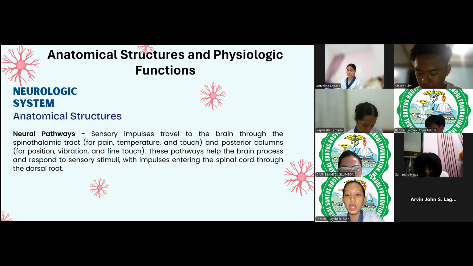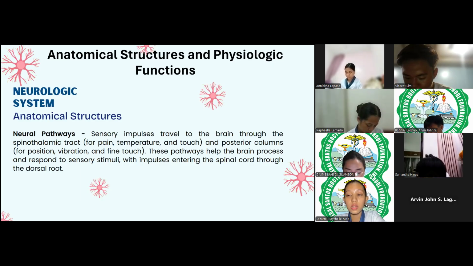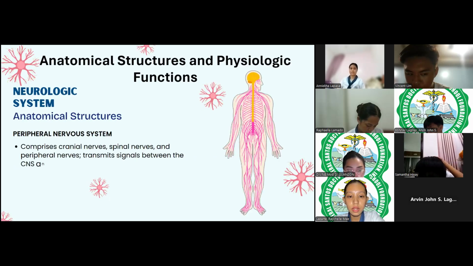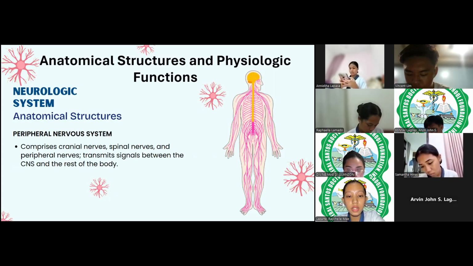So these pathways help the brain process and respond to sensory stimuli, with impulses entering the spinal cord through the dorsal root. Now for the peripheral nervous system, it comprises cranial nerves, spinal nerves, and peripheral nerves that transmit signals between the CNS and the rest of the body.